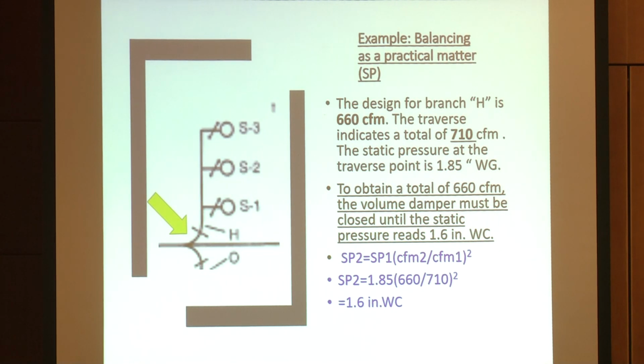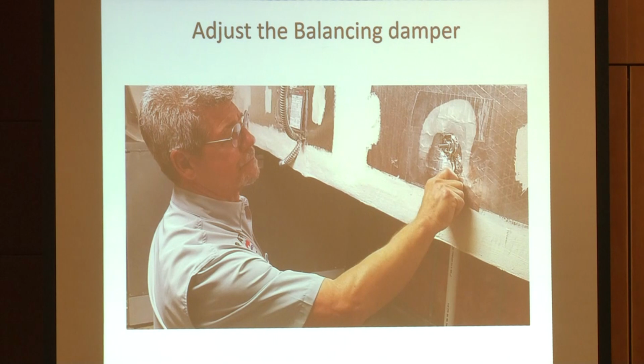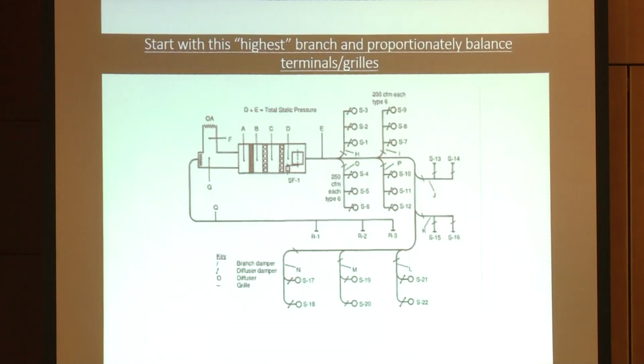And if we do that, then we've got our air. That's when these formulas come into play, because that's exactly what we're doing. We're trying to figure out what we've got here. So we know we've got 710, we want 660. So we just do the math, and then we say 1.6 here, boom. We do the 1.6, and we're good to go. We balance that damper, now we've got 660.